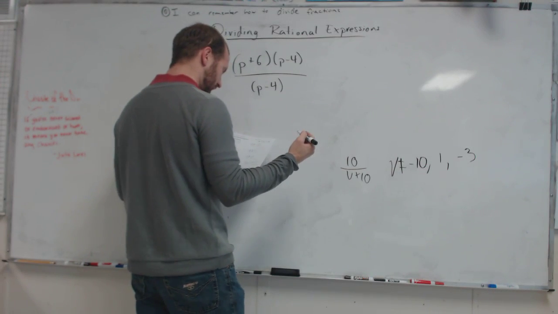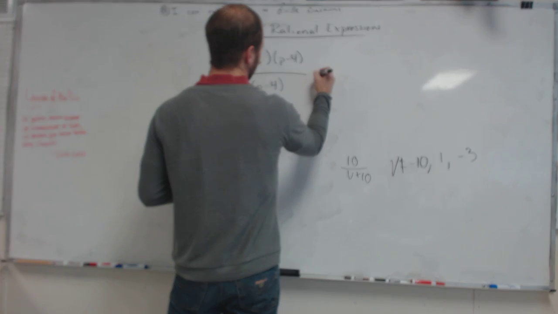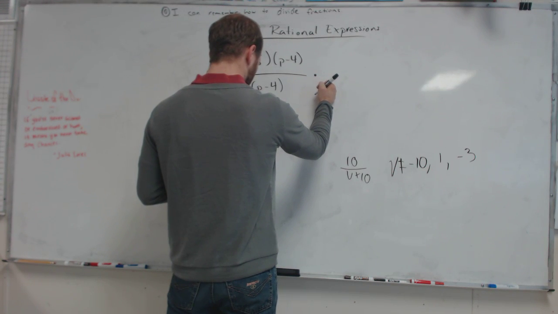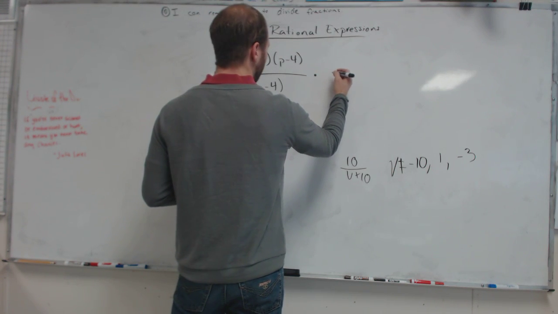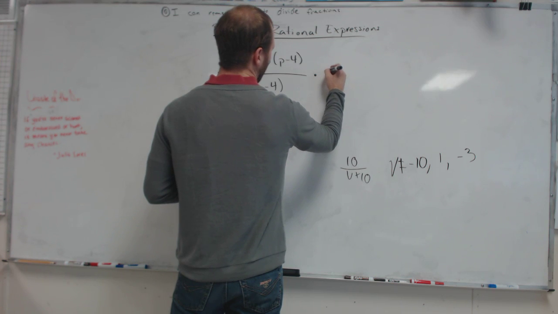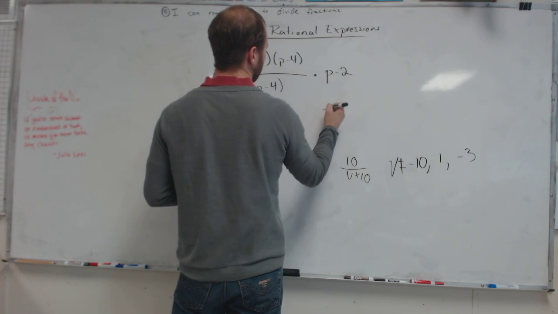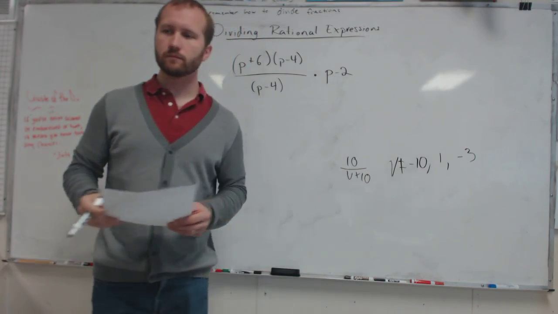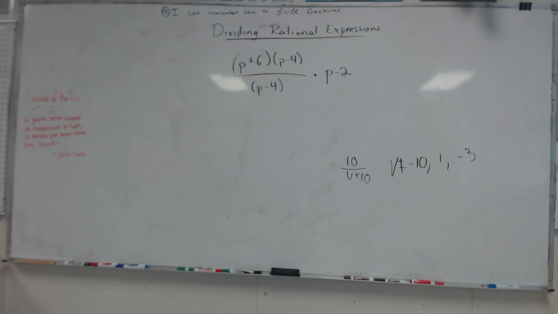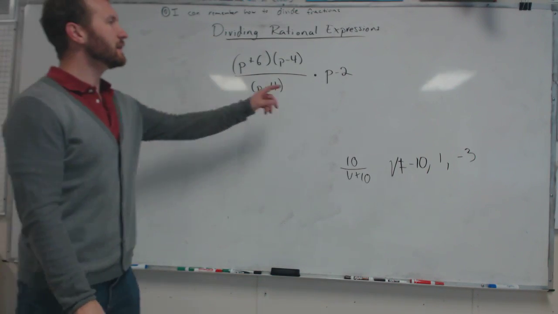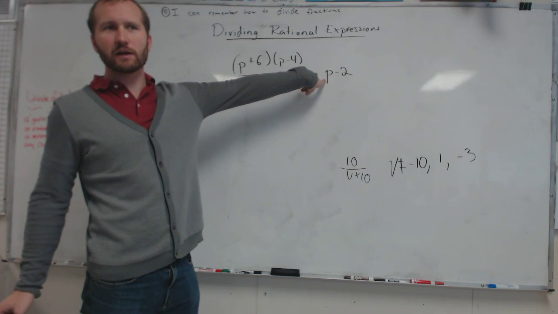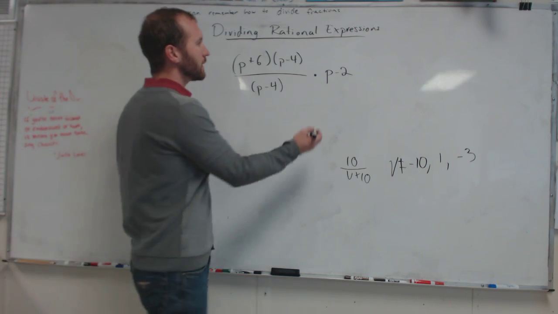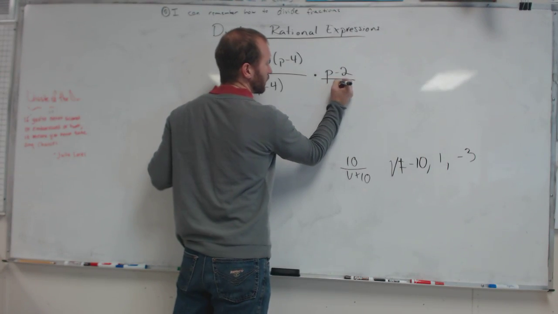And then what if it just said times p minus 2? P minus 2 would still be over 1. Yeah, this is a fraction, right? It just doesn't look like one. So we can just make this over 1.